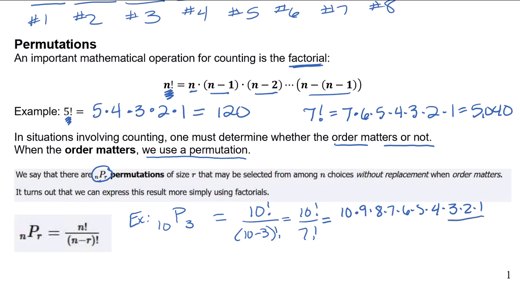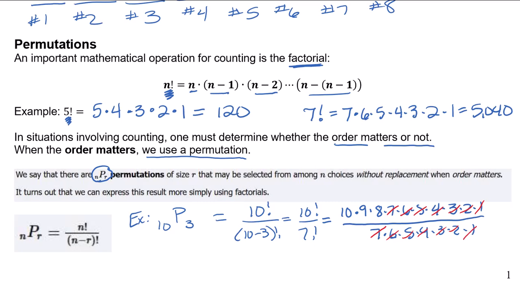Let me try drawing that again. All right, 7 factorial. 7 times 6 times 5 times 4 times 3 times 2 times 1. Now we could multiply all that out. It's going to get really big. Instead, what we want to do is go ahead and cancel. Notice they have 7s and 6s and 5s and 4s and 3s and 2s and 1s.